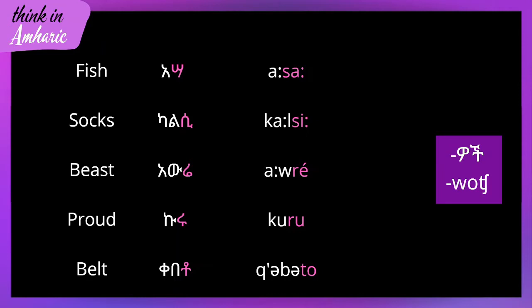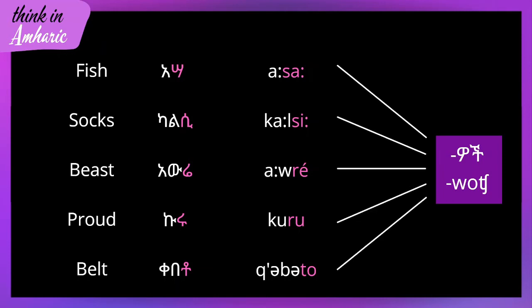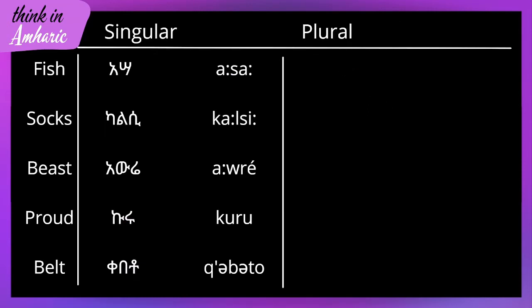Proud is kuru. It ends with u. Belt is qabeto, and it ends with o. For all these endings, you use woch.